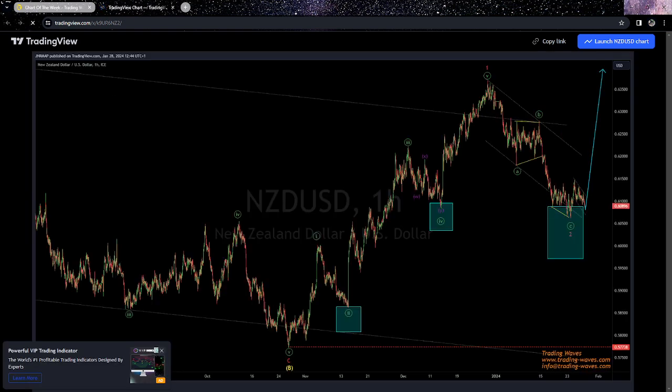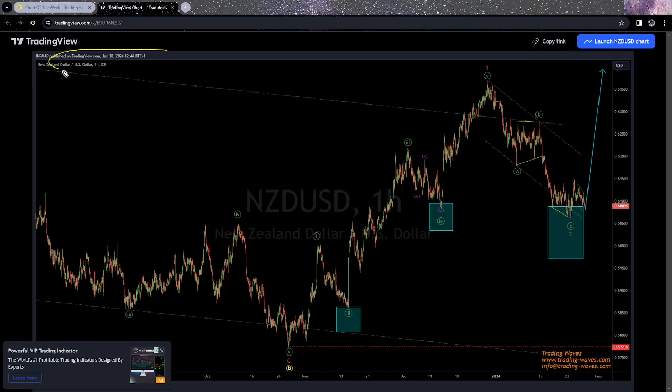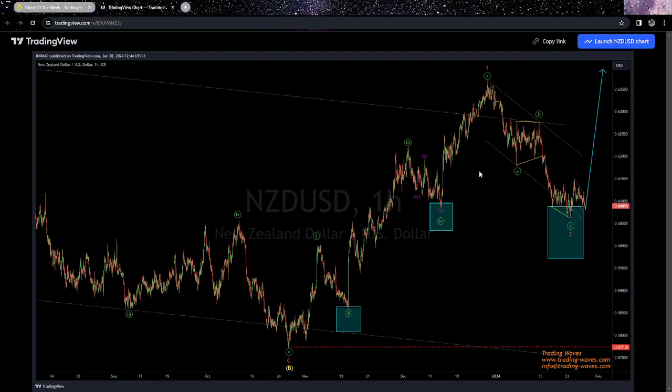If you click on this here, you'll see that on Sunday when I was doing the chart update, I posted this chart that the expectation is for this one to make a move to the upside. A lot of people have inquired and asked me to please make a video on this one to explain it in more detail. So this is freely available on the website. You can just go there and sign up, which is free, and then you get to see this chart of the week here.